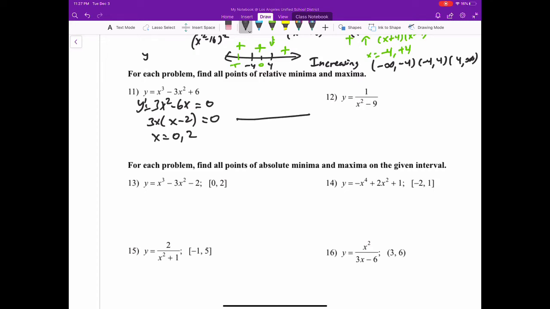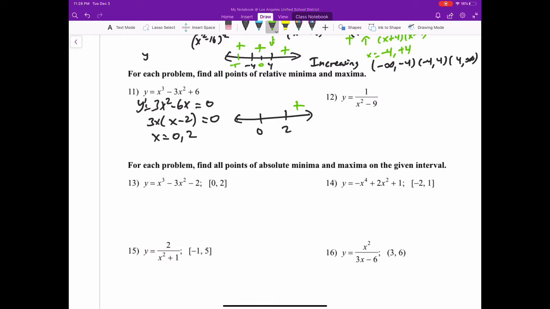Let's draw a number line for 0 and 2. Let's pick a number that's greater than 2, 3. If I plug in 3 here just to see what happens, this is going to be positive and positive, right? So a positive times a positive means we're going to be positive here.